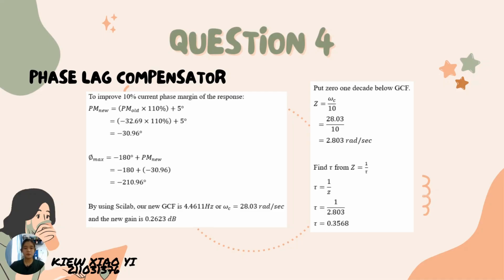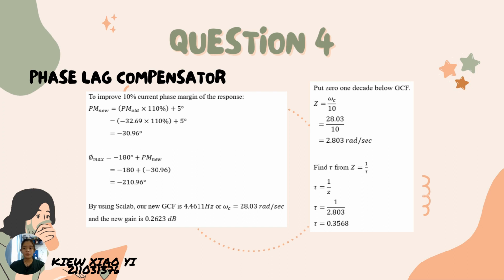By using the phase lag compensator to improve the current phase margin of the response by 10%, first we have to find the new phase margin. The new phase margin has to be added to the 5 degrees of safety margin. Then we use Scilab to find the new gain crossover frequency.